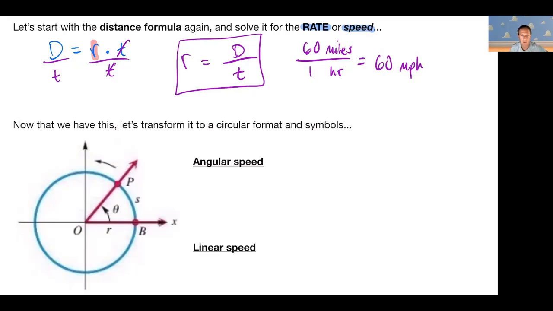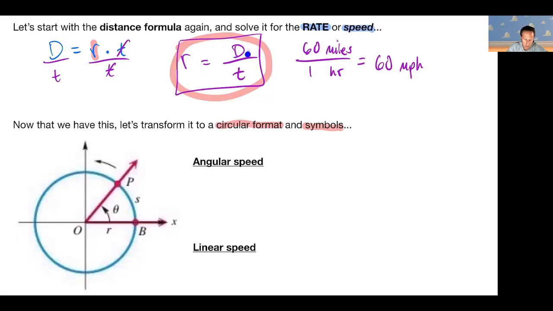What we're going to do then is take it and make it look a little bit different. We're going to make it into that circular format, and because we're changing to that, we also need to use different symbols to denote that we are on a circle. We're still going to use this formula, which tells us what the rate is of anything.